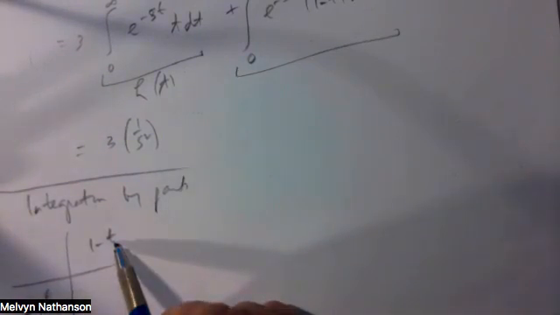Integration by parts. So I have one part is 1 minus t, e to the minus st. If I differentiate this with respect to t, I get minus 1.